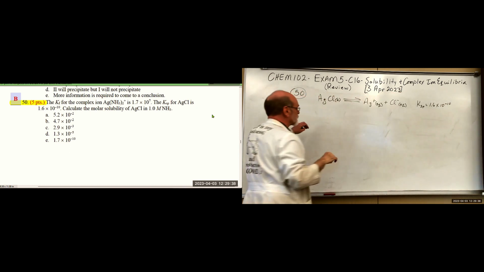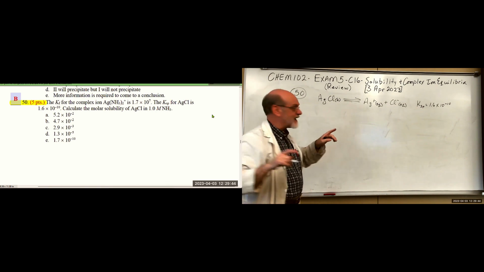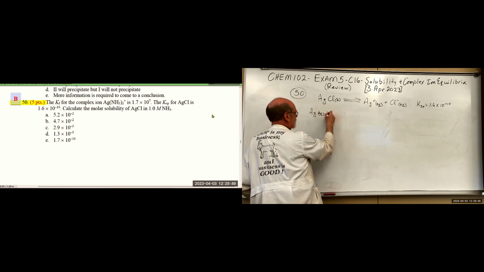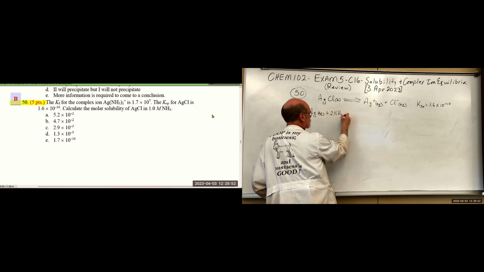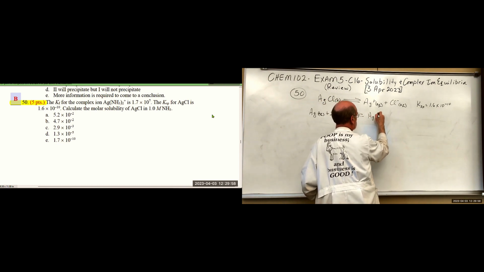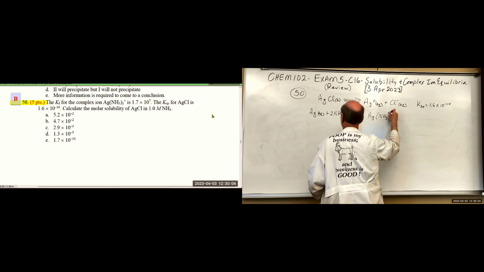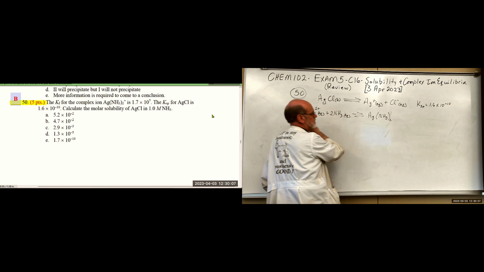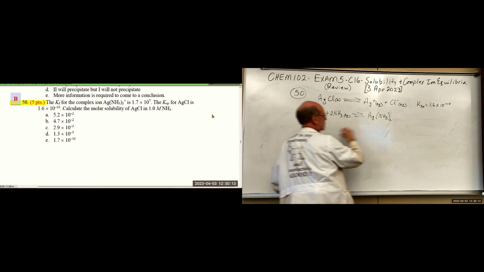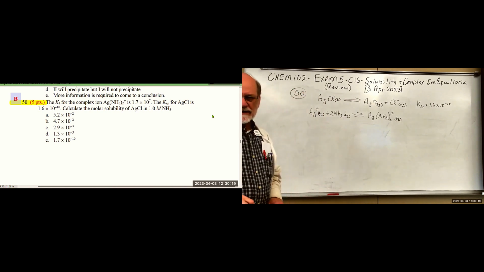Okay. And we also have going on here the formation of the complex ion. Two of those. And we form a complex ion here of silver and ammonia. There we go. Oops, my mistake. Here we go. I think that's right.